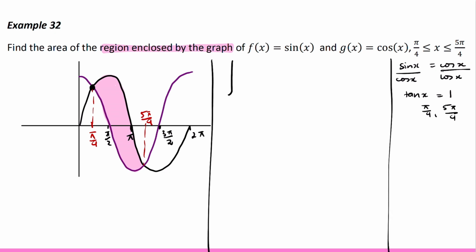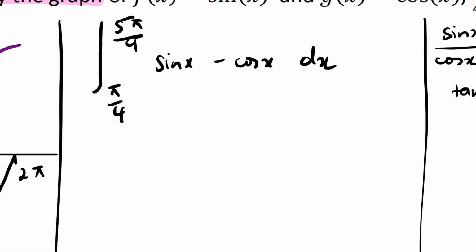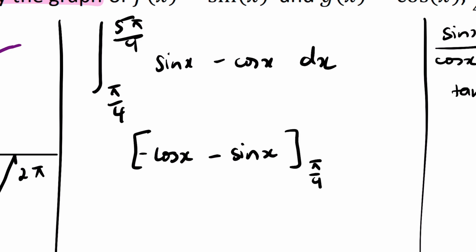All right, so we'll have between pi on 4 and 5 pi on 4 of sine x minus cos x dx. And now integrate. Sine x goes to negative cos x. Cos x goes to positive sine x, but there's already a negative there. And now we can substitute all of our values in.